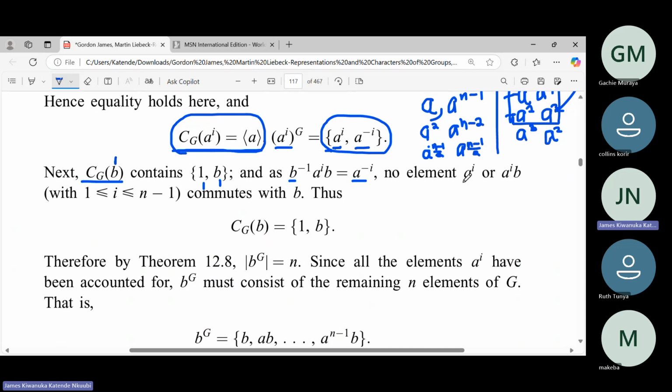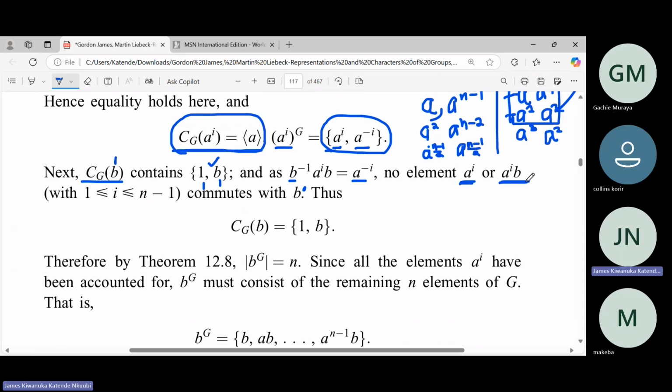So what this means is that no element A^i or A^iB will commute with B. So none of them can be in the centralizer of B. So that leaves you with just these two elements, 1 and B. The other elements cannot be, and therefore the centralizer cannot have more than this.